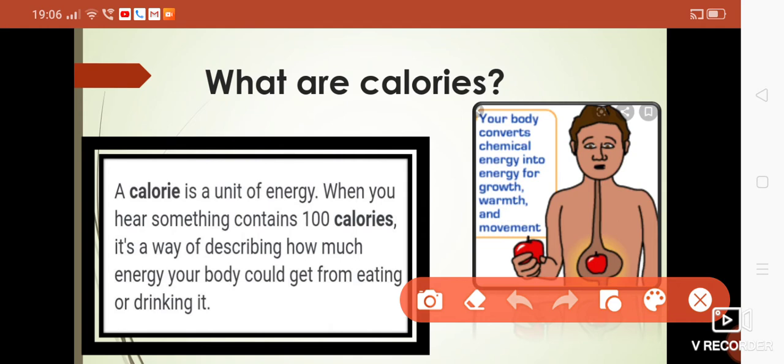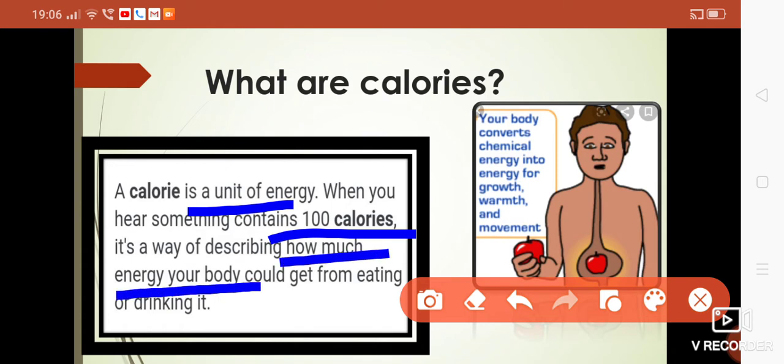Our body continuously burns calories to produce energy and heat to keep it working. So how can we define calorie? A calorie is a unit of energy. When we hear that something contains 100 calories, it is a way to describe how much energy your body could get from drinking or eating it.